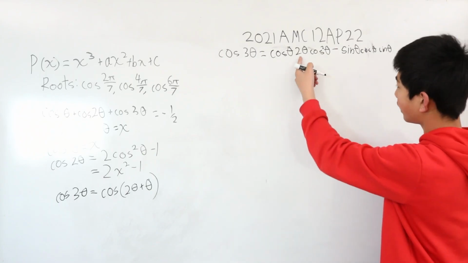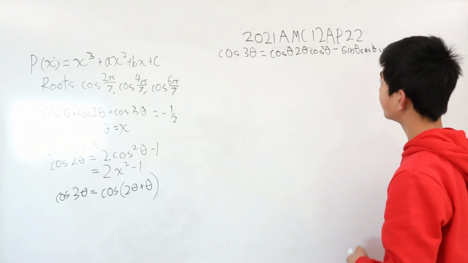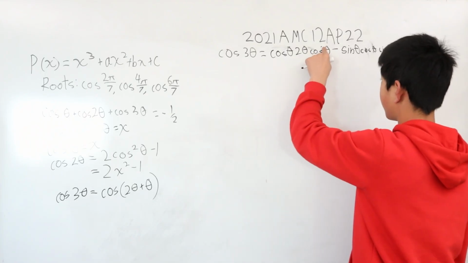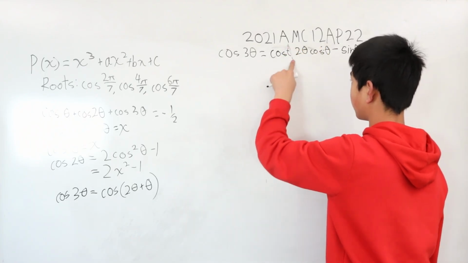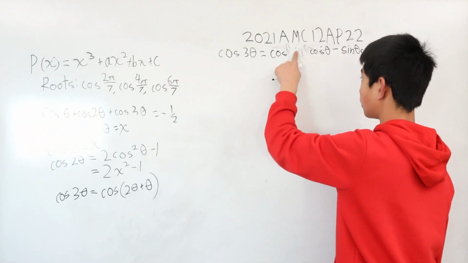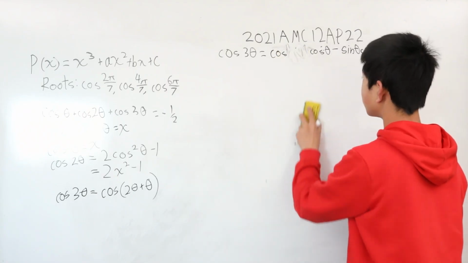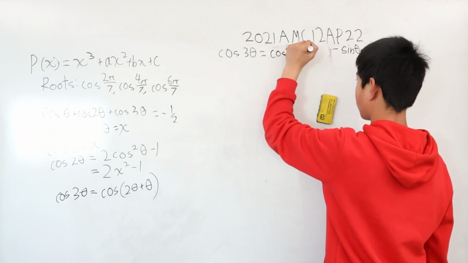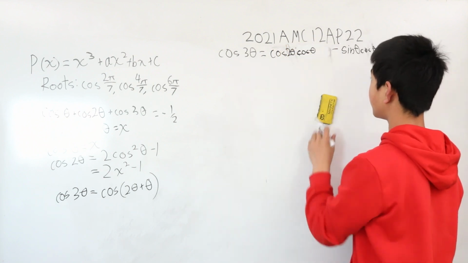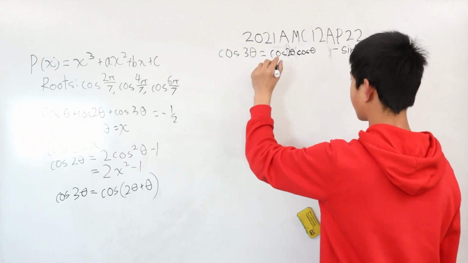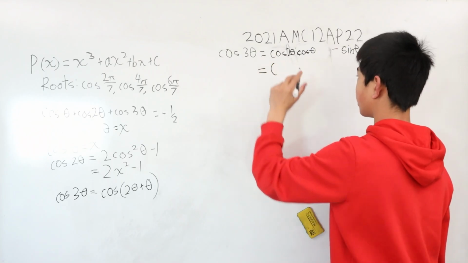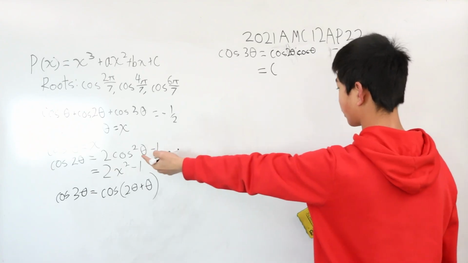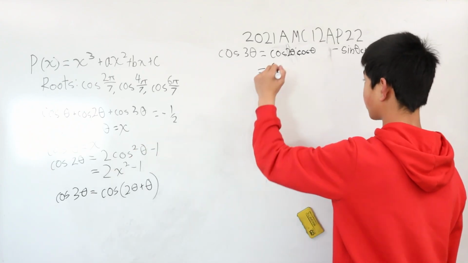Now, for this term right here, this isn't a square, it's cosine of 2 theta. Since there's a cosine of 2 theta, we know that that is 2 cosine squared theta minus 1.